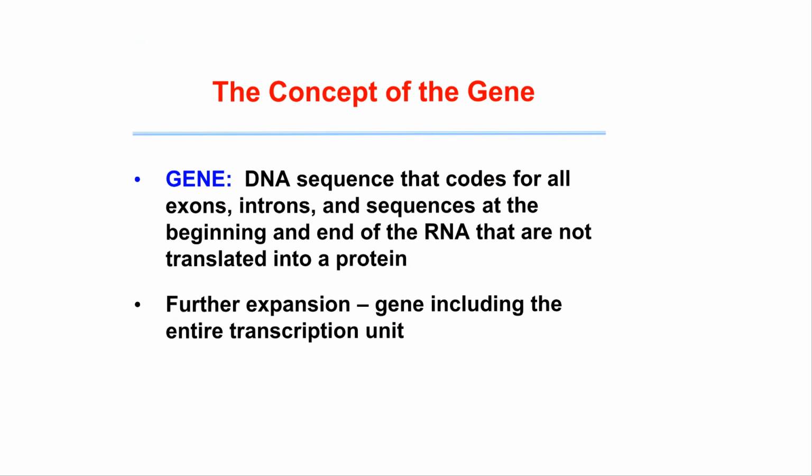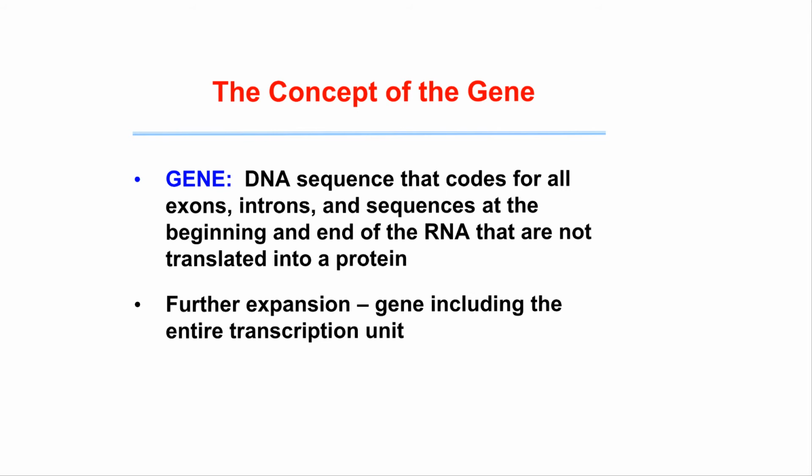So now, after we discuss the complexity of eukaryotic genes, which are composed of exons and introns, we have to revisit the concept of the gene. So what is a gene? If we stick with the definition that one gene is one polypeptide, that the gene encodes for a polypeptide sequence, we could consider as a gene only exons.